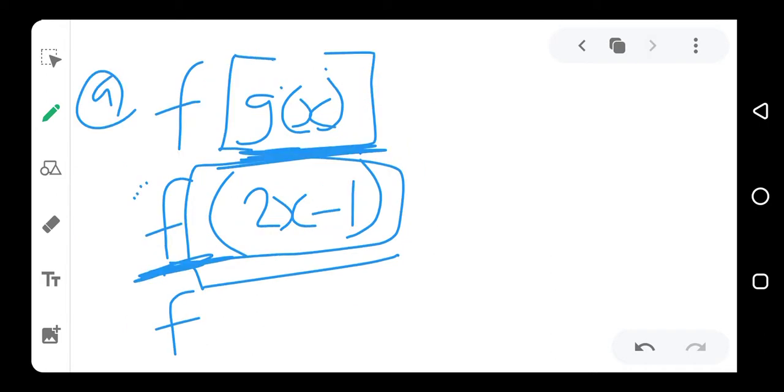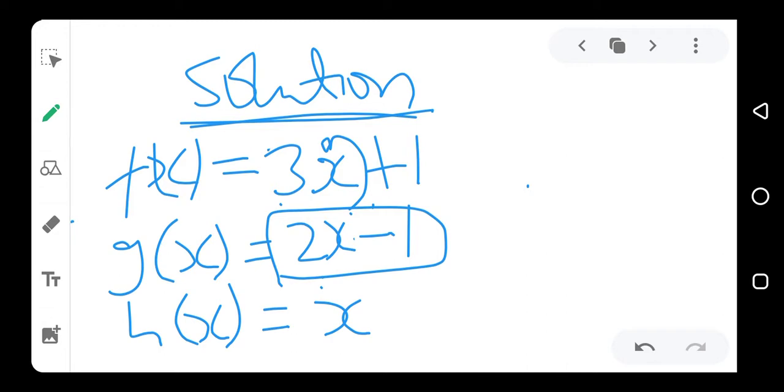So we are going to have f of g. Let's remove x now. f of x is actually 3x plus 1. So we write 3, then we put this expression to represent x.